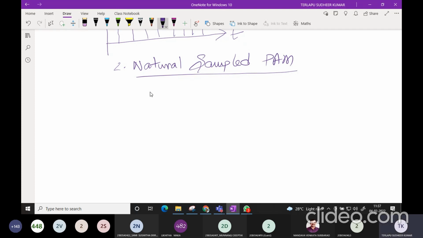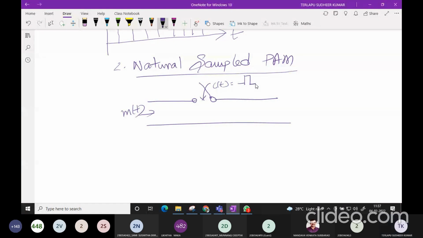And a simple circuit to generate it is this one. I use the input to this circuit as M of t. And here I have a switch, and that switch is controlled by C of t, where C of t is a train of pulses.